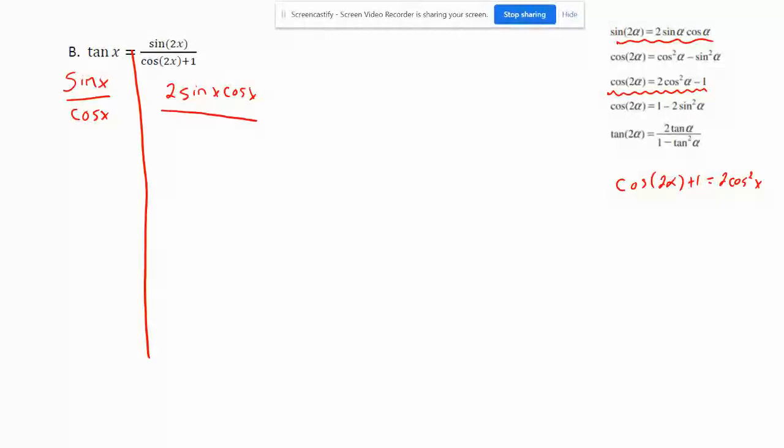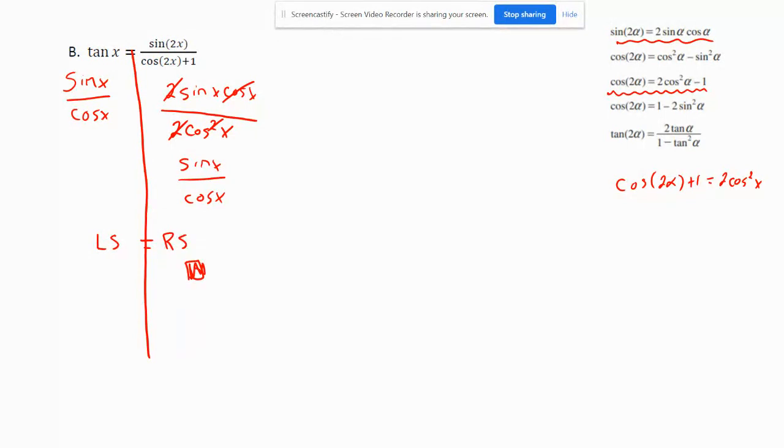So this is going to replace the denominator of the right-hand side of our fraction here. So we get 2 cosine squared x, and then the 2's cancel out. The cosines cancel out, and we're left with sine x over cos x. Okay, and so we have the left side equals the right side, which was to be shown.